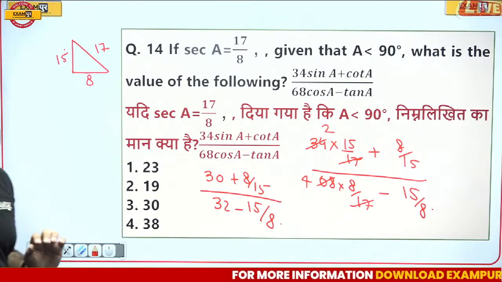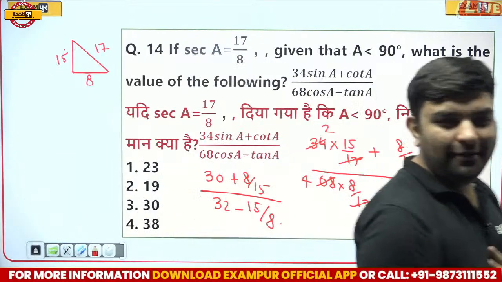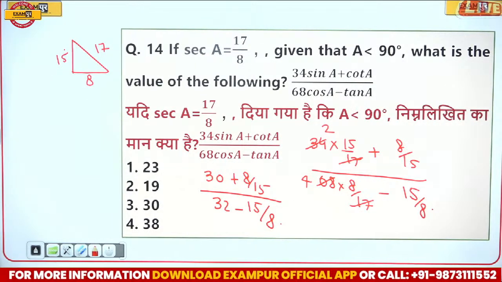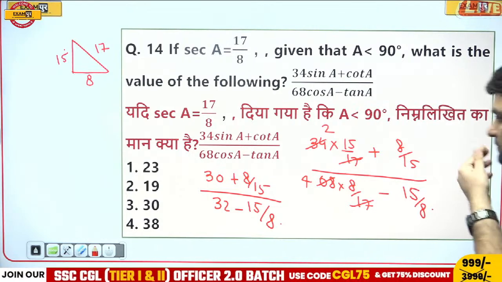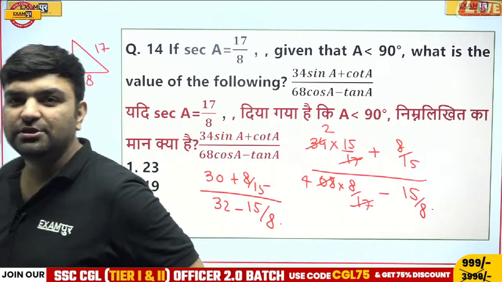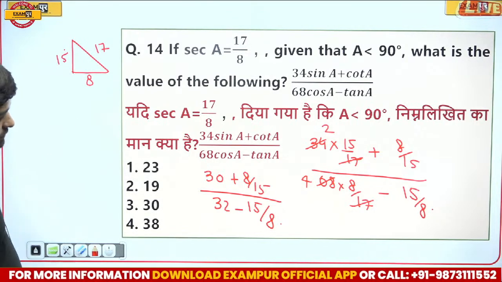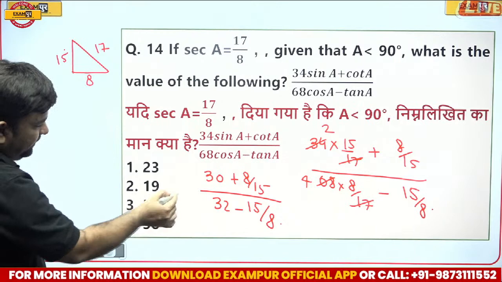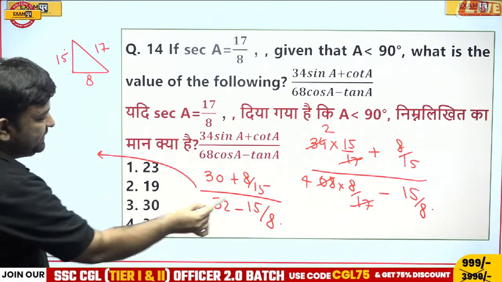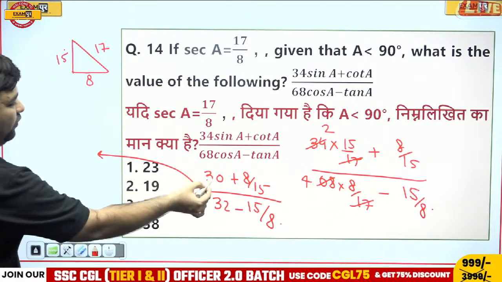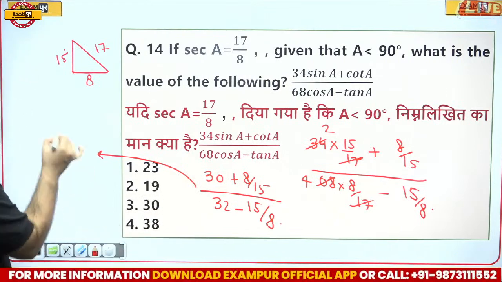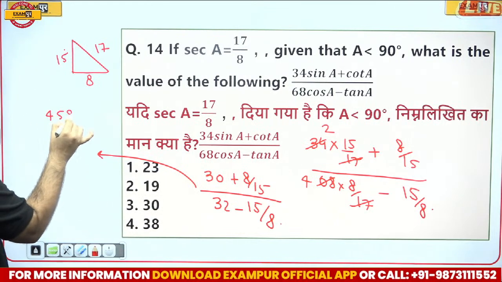Guys, will the answer come or not? Let's proceed. 15 threes are 450. 450 plus 8, 458 by 15.